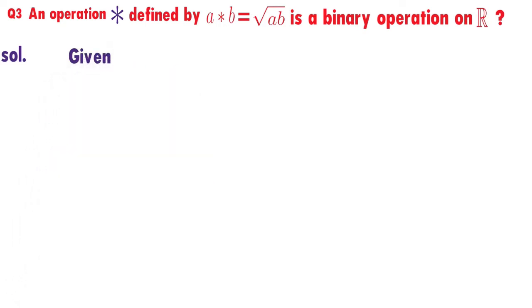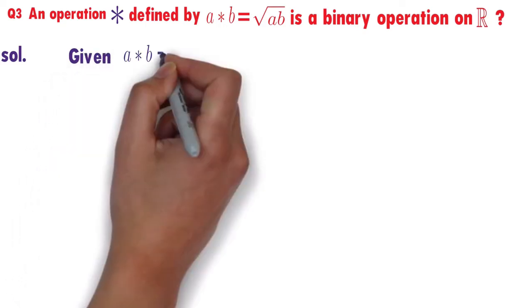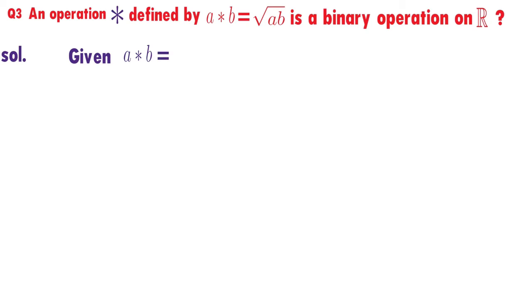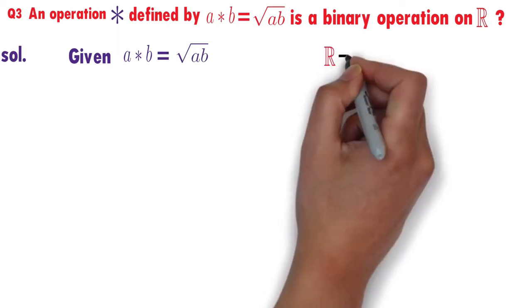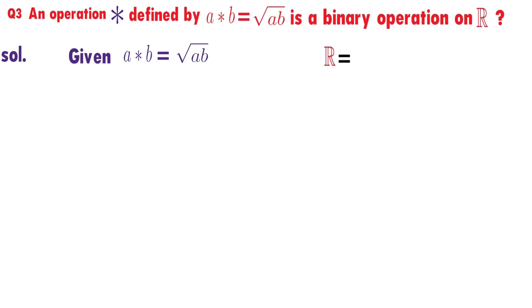Given that A star B equals root over AB, we need to check whether star is a binary operation on the set of real numbers or not. What are real numbers? All the numbers between minus infinity and plus infinity are known as real numbers, or we can say real numbers are the union of integers, rational and irrational numbers.